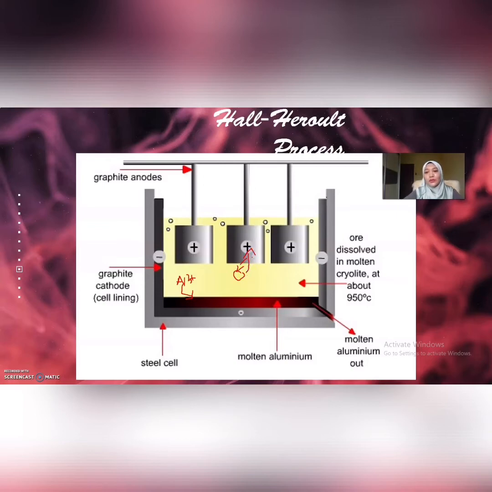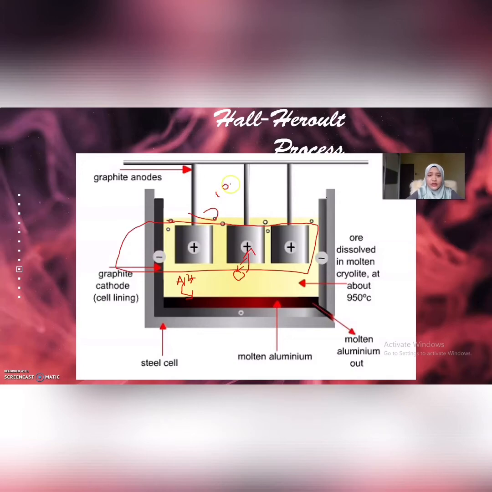So the equation becomes 2O2- produces O2 plus 4 electrons, and then the oxygen here will react with the carbon and form carbon dioxide.